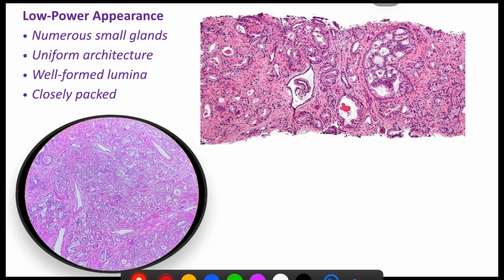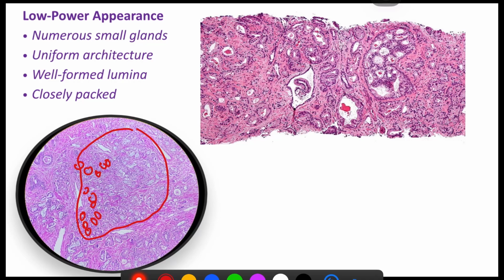So here also, in this slide, you can see numerous small glands. Multiple repetitive, similar appearing glands are seen, with uniform architecture and well formed lumina, and they are closely packed.